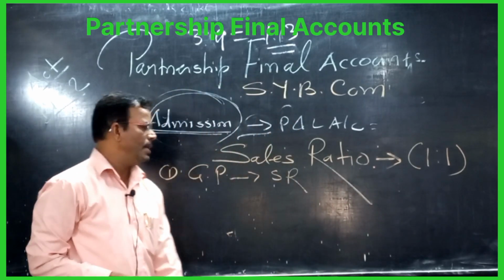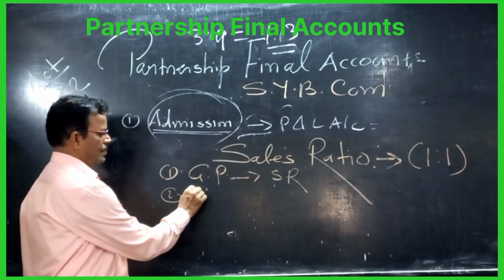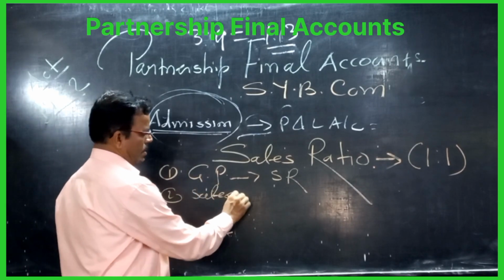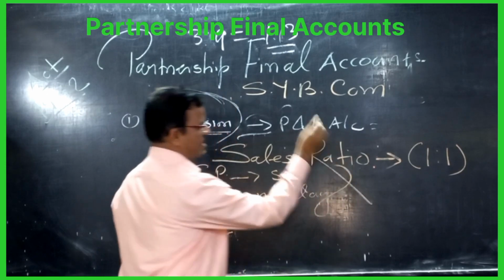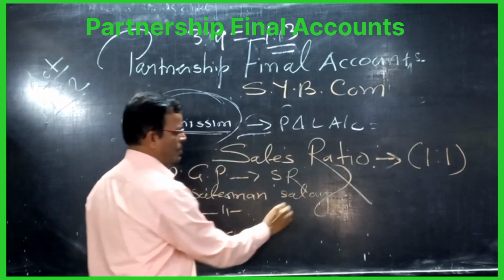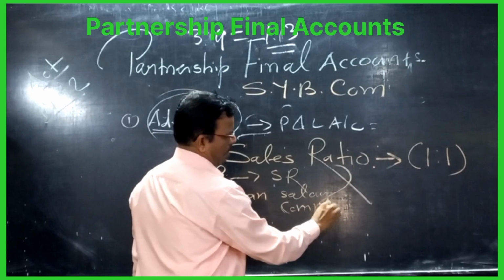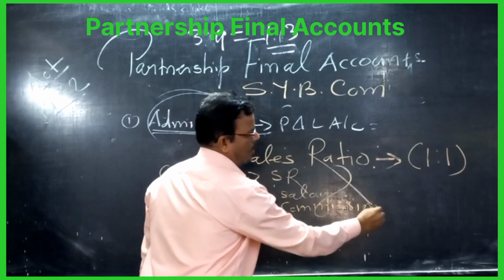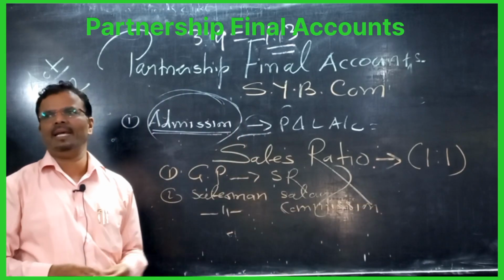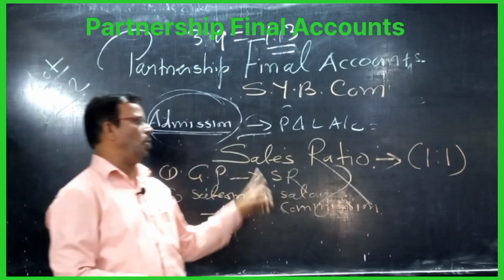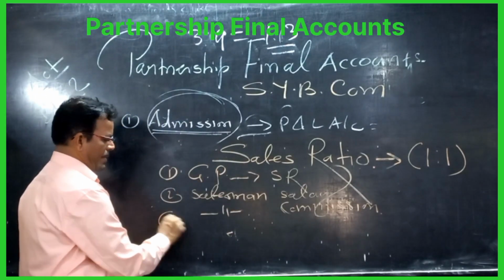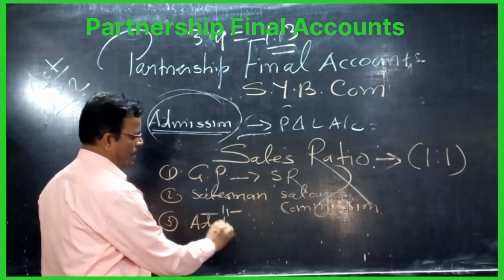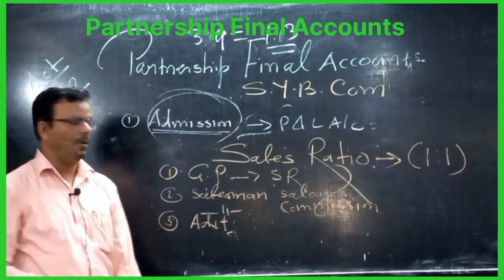For example, salesman salary is always divided on sales ratio. Salesman's commission always depends on sales. More sales, more commission. Less sales, less commission, always divided on sales ratio. Advertisement is always divided on sales ratio.